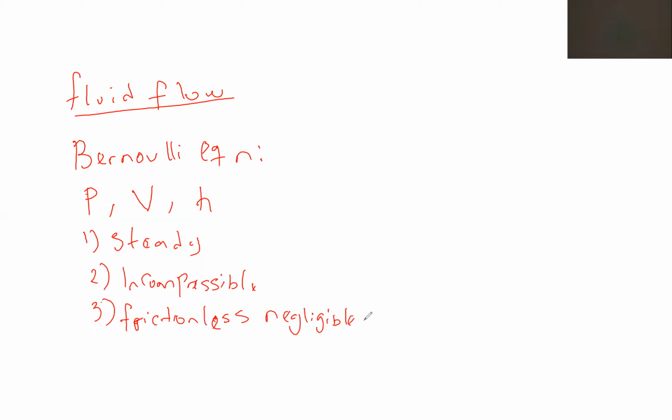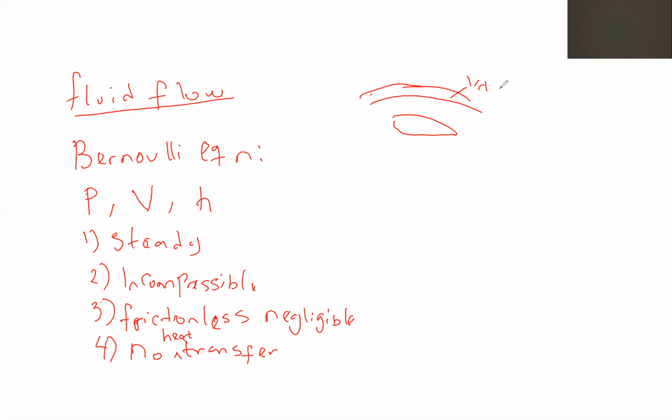Another thing is if friction is deemed negligible, that means you also have to assume there's no heat transfer present within the body. And as I drew earlier in the streamline over there to show where the Bernoulli equation is valid, it's valid over there.